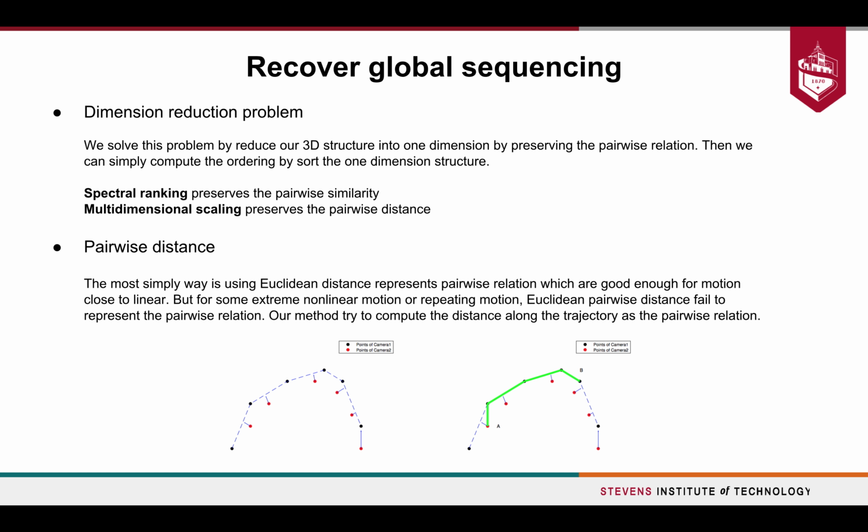First, the arc distance between frames from the same camera is easy, since we already know the sequencing. You can directly take the accumulated distance as an approximation for the arc distance.